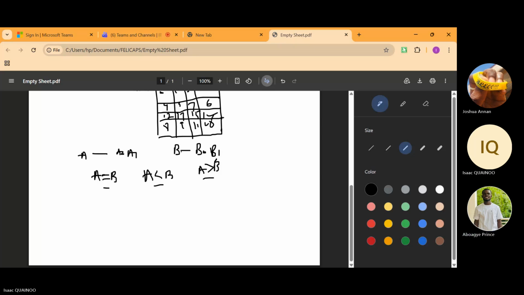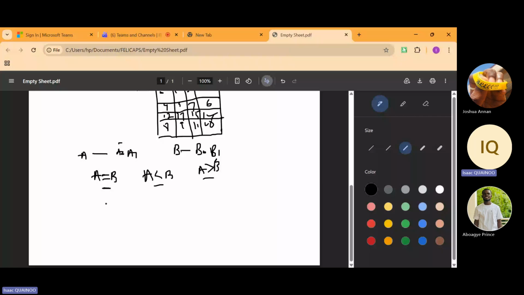Yes. All right, so if we agree with this, then we can proceed to make our deductions. We said the first scenario is equality, so we have to compare if A0 and A1 is equal to B0 and B1. Now let us look at this.